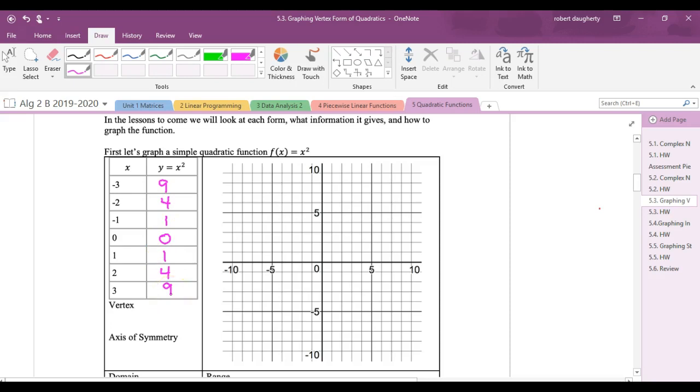Okay, those are the points. All I did is take the input value and square it, and then I need to graph that. So I get the point 0, 0, 1, 1, 2, 4, and 3, 9, and then negative 1, 1, negative 2, 4, negative 3, 9, and you get a graph that looks like this.